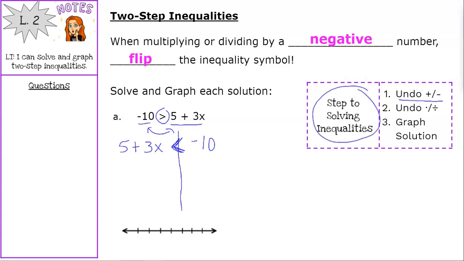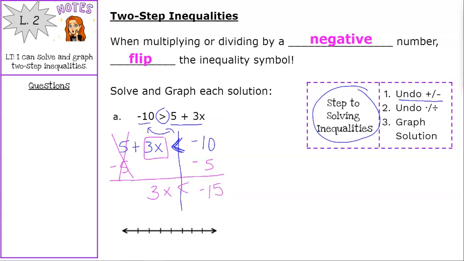We undo addition and subtraction. So it's not the 3x, because the 3x is multiplication. We have to get rid of the 5. The 5 is positive, so we're going to undo that with subtraction. So 5 minus 5 is 0. We still have 3x is less than negative 10 minus 5, which is negative 15.